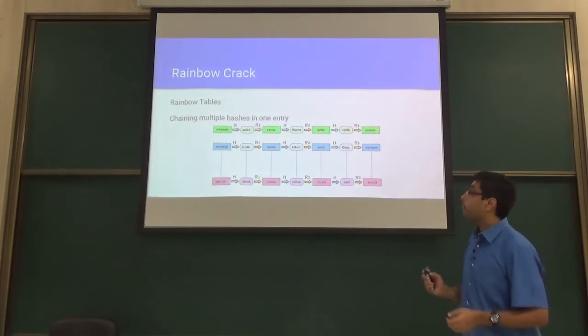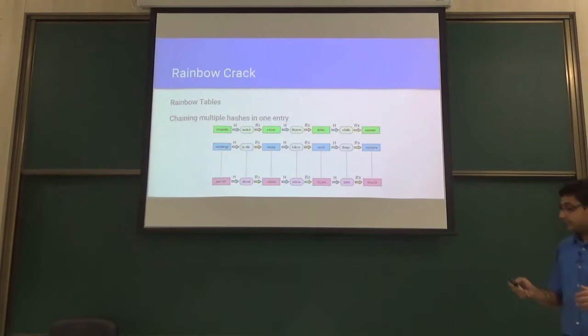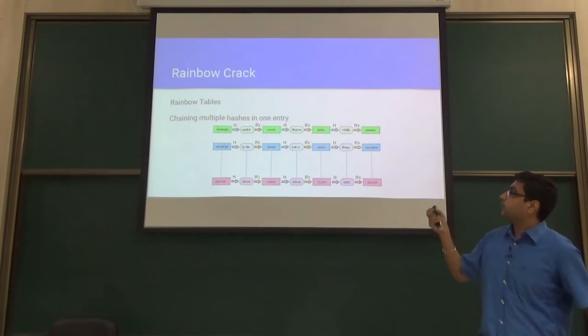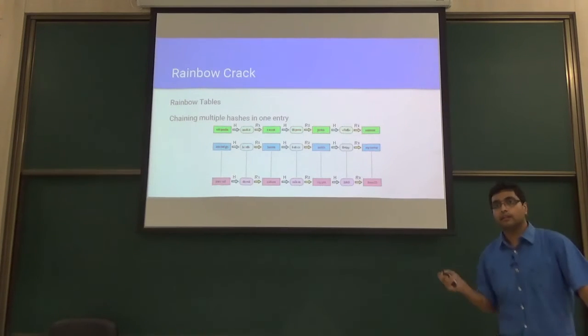If we see this example, in a normal scenario, say Wikipedia is the password and this is the corresponding hash. Then next is secret, and the corresponding hash is this, right? If we are doing it through the brute force attack, then we will be storing each and every one of them in the table.